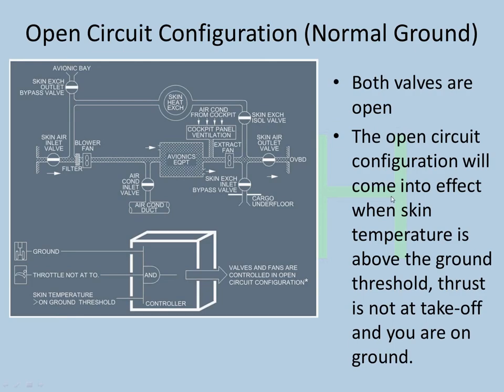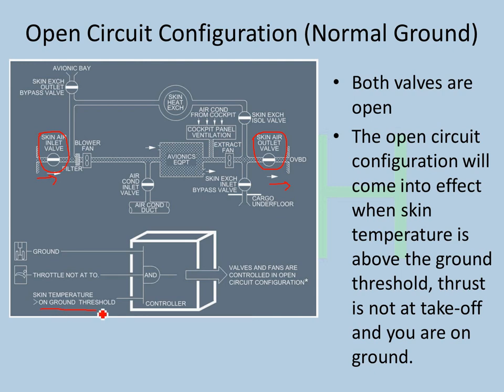Let's start off with the configurations. In the open circuit configuration, both valves are open. Whenever I talk about the valves in the top three, fully automatic configurations, we are dealing with these valves, and as you can see, they are fully open. Open circuit configuration comes into effect when skin temperature is above the ground threshold, as you can see on this logic diagram.